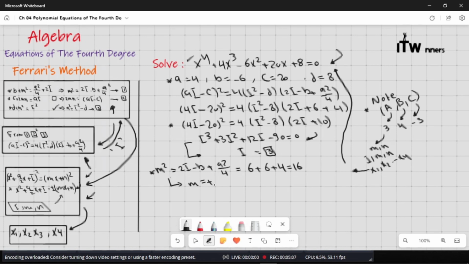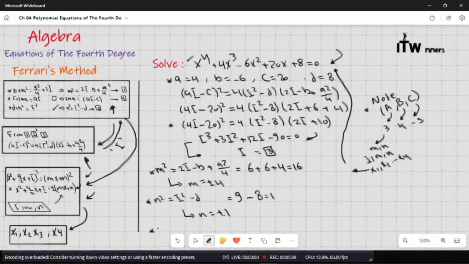Okay, for the second equation, n squared equal to i squared minus d. This equals 9 minus d, here d equal to 8, so we have 1. Now n equal to plus or minus 1, and don't forget the last one, the relation between m and n.